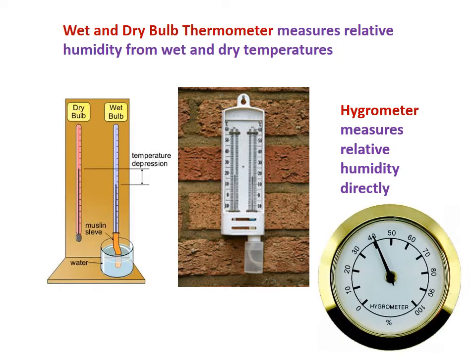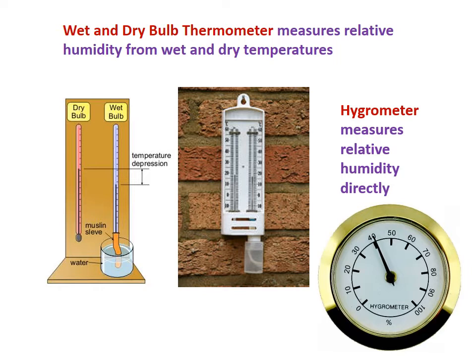It is connected to a lever which moves across a dial, and it records the relative humidity. These dial type ones are quite convenient, but they need not be as accurate as the value given by the thermometers. But there are places where it is very much used.